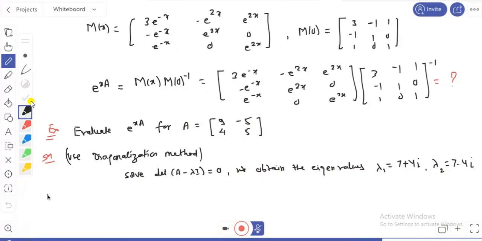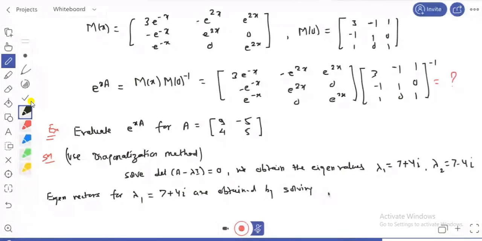Then you have to find the eigenvectors for each eigenvalue. So if we write directly the eigenvector for lambda 1, it is obtained by solving this determinant, A minus lambda I, so this is 7 plus 4i, with eigenvector b, that equals 0.